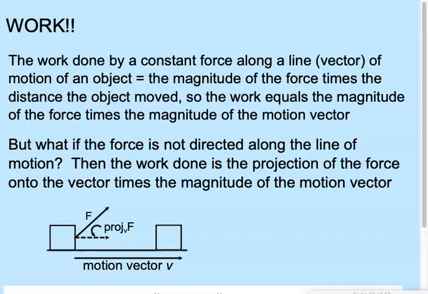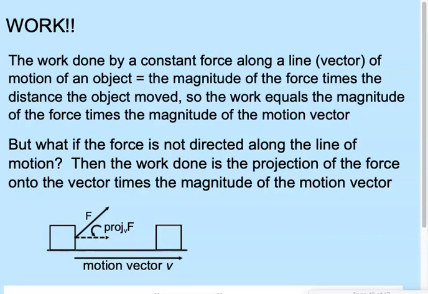The problem is, if the force is not in the same direction as the line of motion, so like if I'm pulling this box from a rope in this direction, then my force vector and my motion vector are both exactly the same. But if I'm pulling the object, like say the object's moving along the ground, but I'm up here and I've got a rope attached and I'm pulling it this way, right?